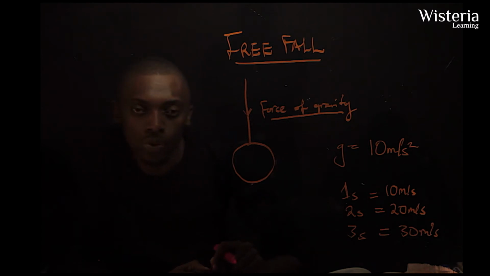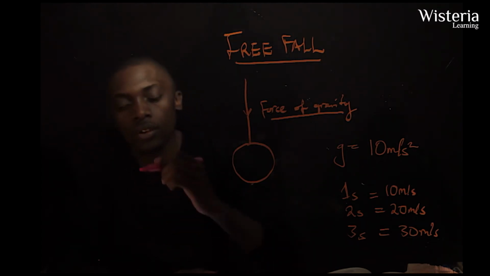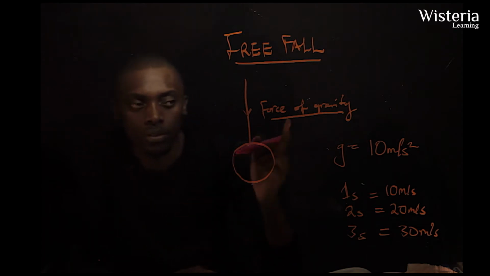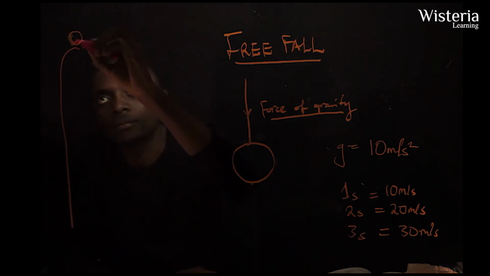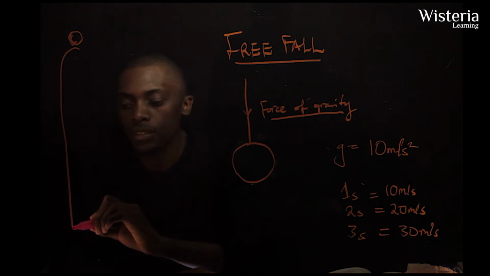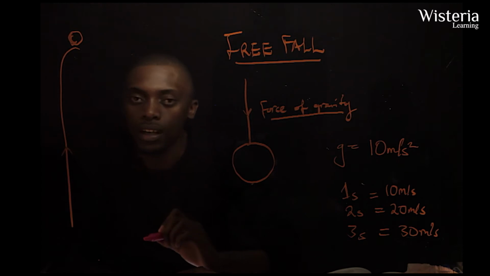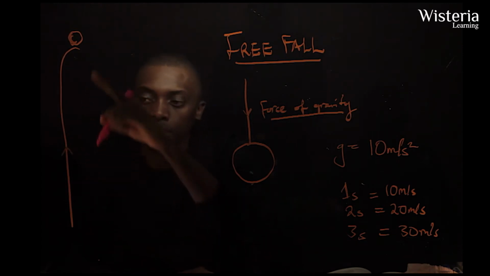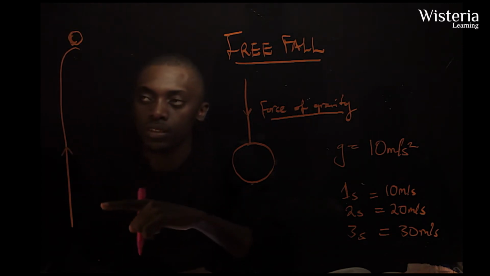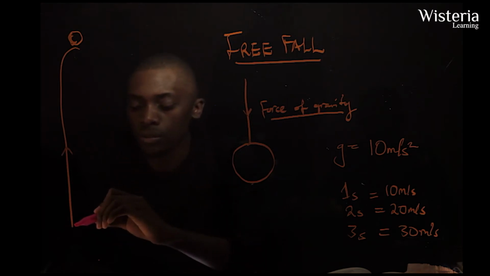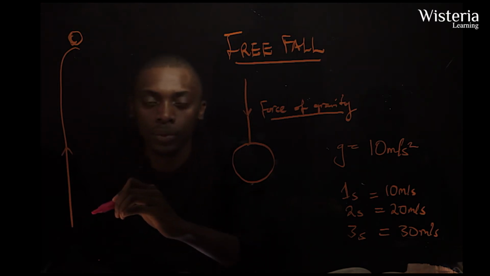Now there are two important scenarios that we need to understand. The first one is when an object is thrown in the air opposite to gravity, that is, thrown vertically upwards.